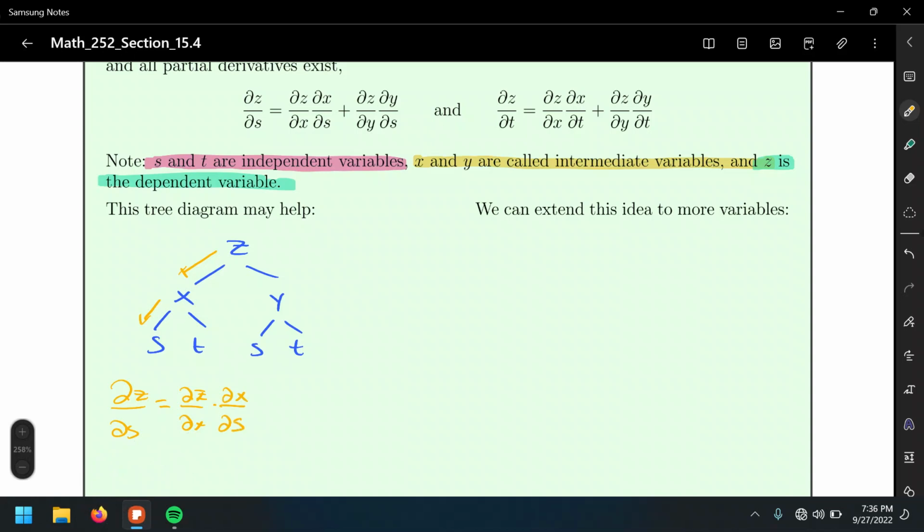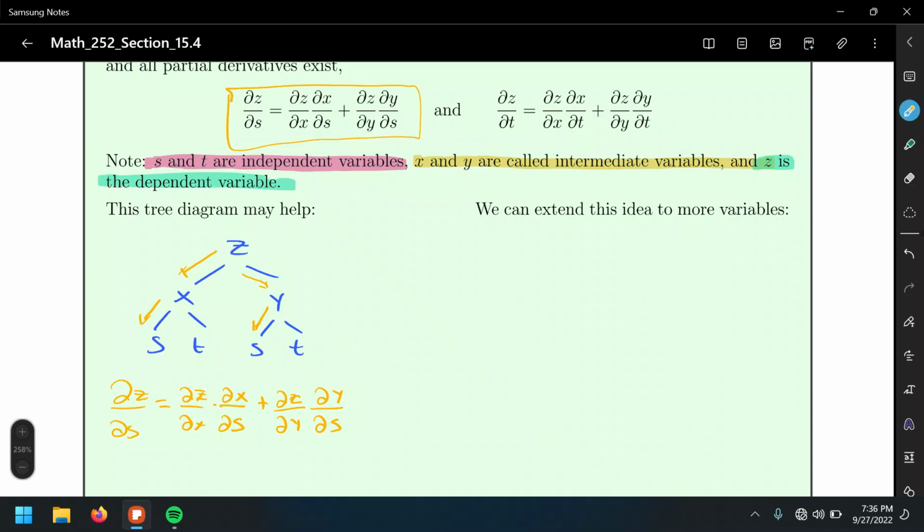But that's not the only way to go from z to s. There's another pathway, right? The other one is to go to y, and then from y to s, plus partial z with respect to y times the partial of y with respect to s. All right, so that's how we got that first expression right here.